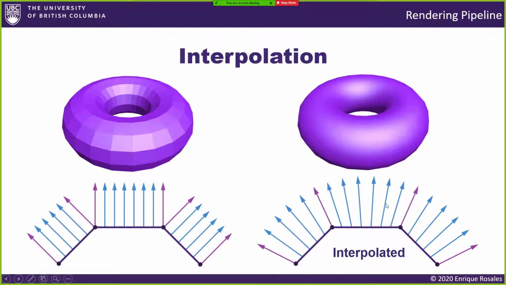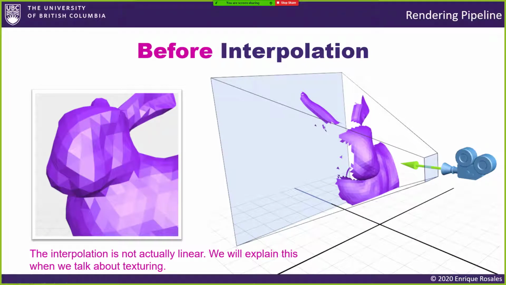We usually say linear interpolation when we are in the first stages of lectures like this, but someone already asked on Piazza, and in fact, it's not exactly linear. That is also something very complicated, and we will talk about the actually non-linear interpolation that we usually do when we talk about texturing. So before the interpolation, this is what we have.